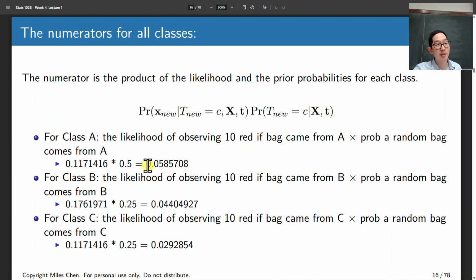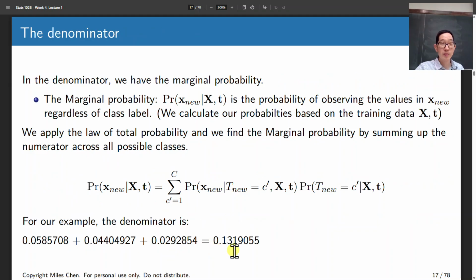The denominator is the sum of our numerators for all three possible classes. If you do 0.0585 plus 0.044 plus 0.029, you get 0.1319, and this is our denominator.